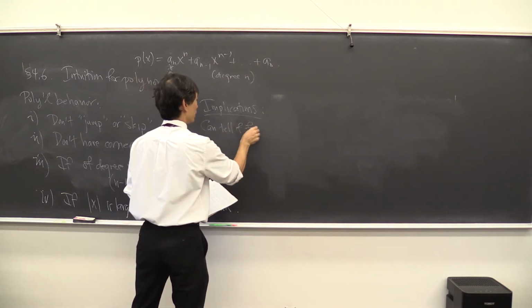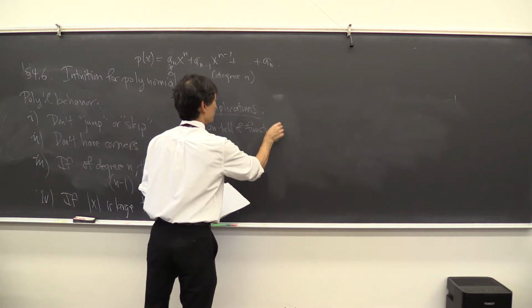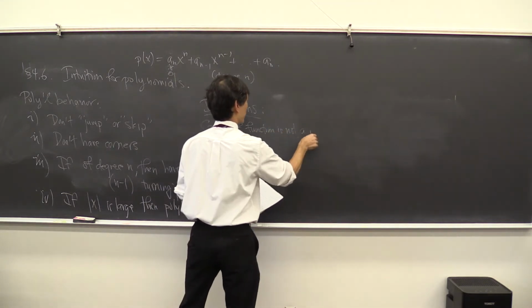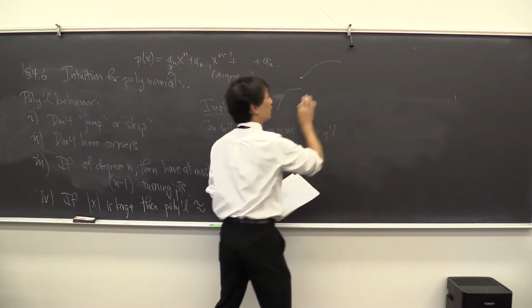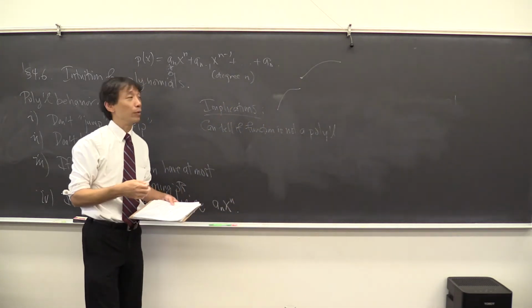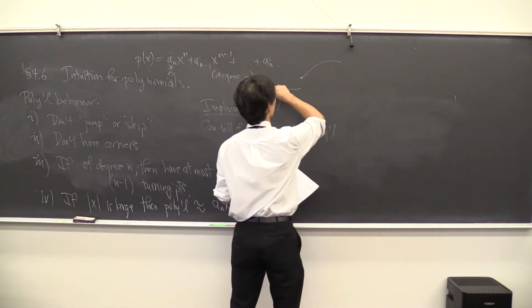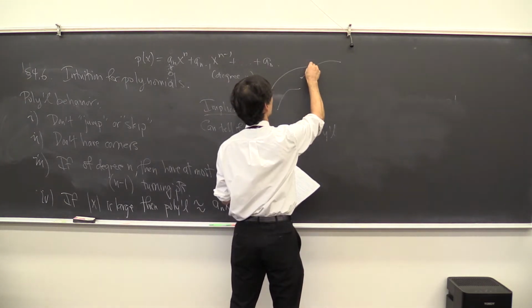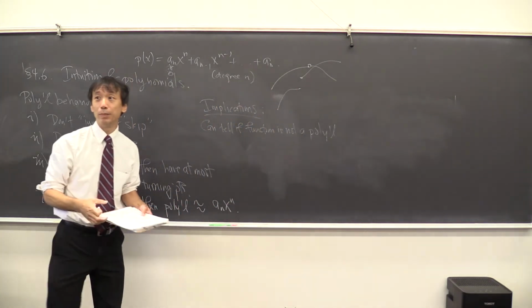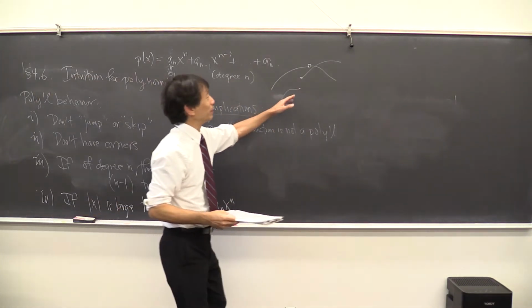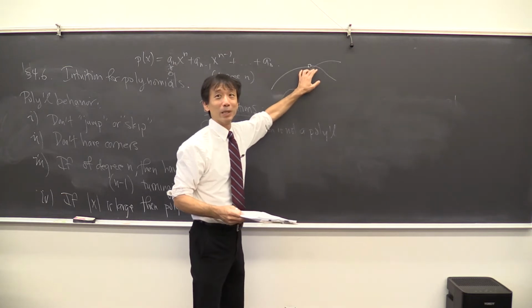is not a polynomial. If somebody shows you something that has some sort of jump in it, or some sort of break in it, it's going like this, and then has a hole in it, and then goes onwards, you know it's not a polynomial. So I think this is probably what they mean by jumping, and this is what they mean by skipping.